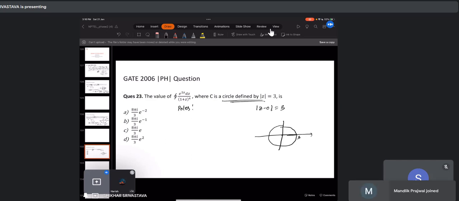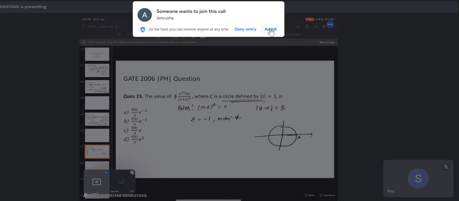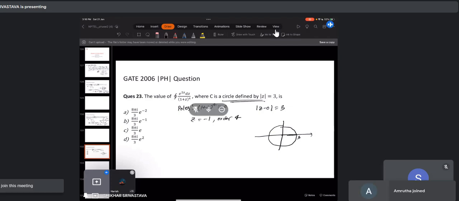So you have to find poles. So simple. It has a pole at z is equal to -1 and the order of the pole is 4. So the pole is lying at z is equal to -1.